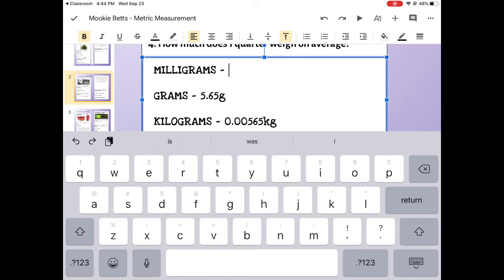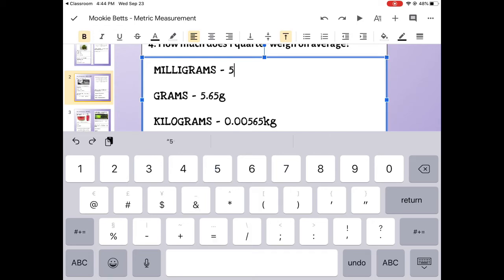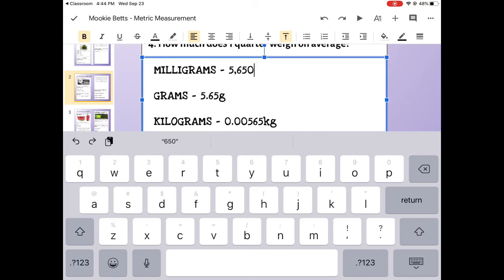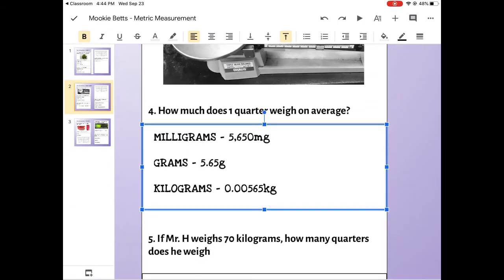The decimal goes the other way to get milligrams. So we could take our 5.65 and multiply it by 1,000, but it's the same as moving the decimal point. The number stays the same, the decimal point moves around. These are all the same weight, the average weight of a quarter.